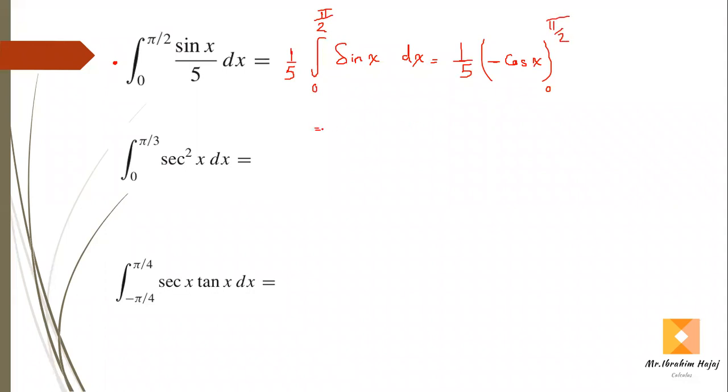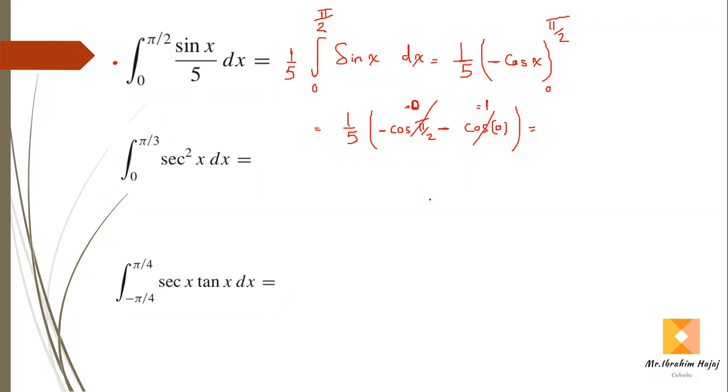Now substitute for pi over 2. Cosine 90 is 0. Cosine 0 is 1.